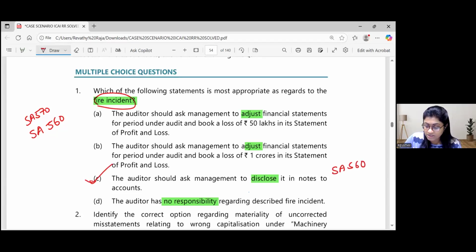SA 560. The objective of SA 560, if you see, is to obtain evidence whether it has been properly adjusted or disclosed. It is disclosed. Can we go to 2? Next.